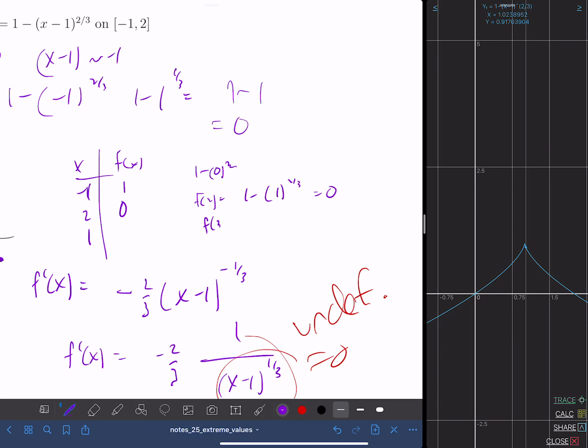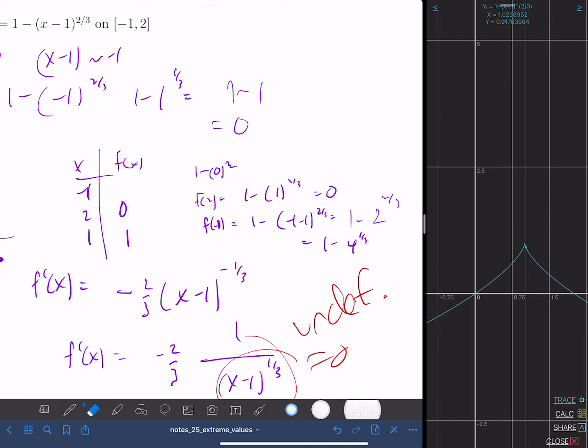And f of 1. Ooh, I put 1 in the wrong place. I caught an error. Sorry. F of minus 1 equals 1 minus minus 1 minus 1 to the 2/3. That's 1 minus 2 to the 2/3. That's equal to 1 minus 4 to the 1/3 power.